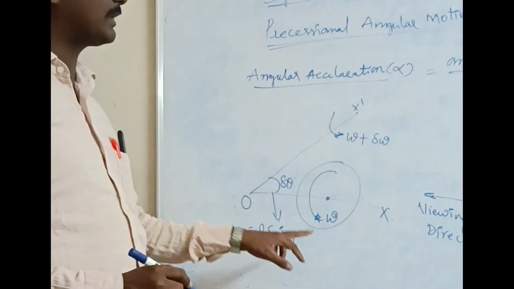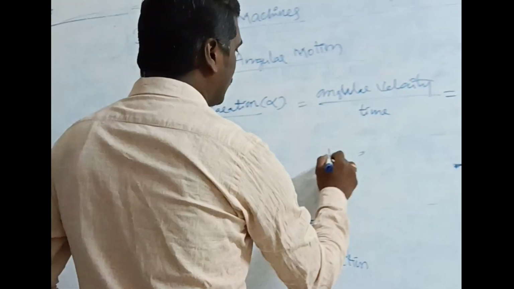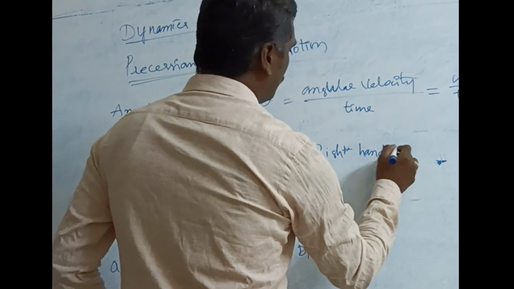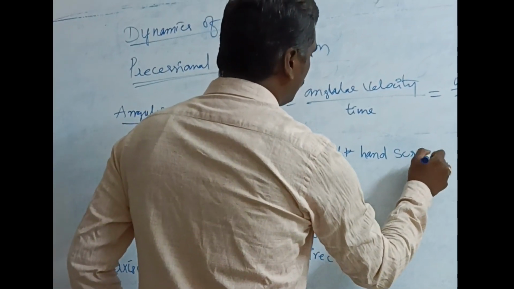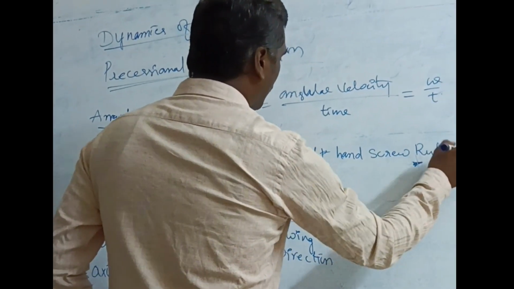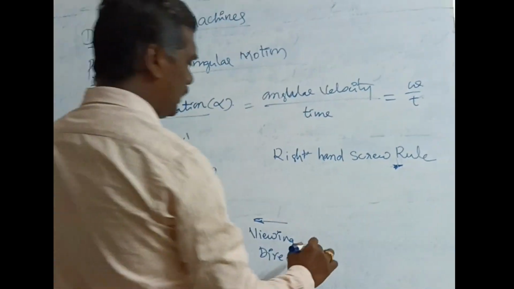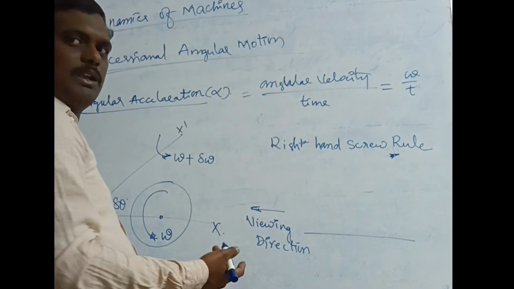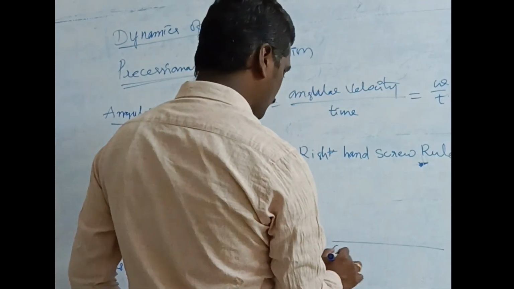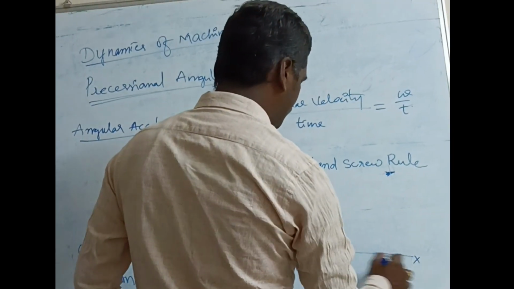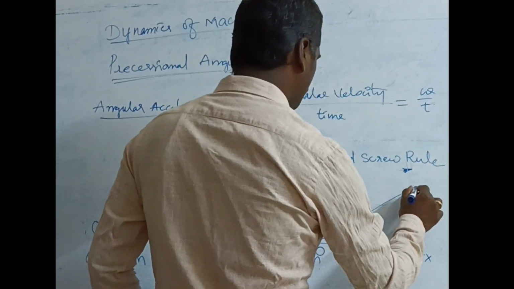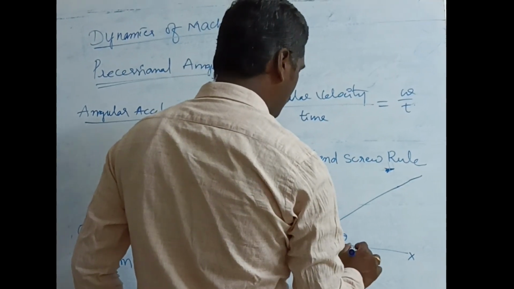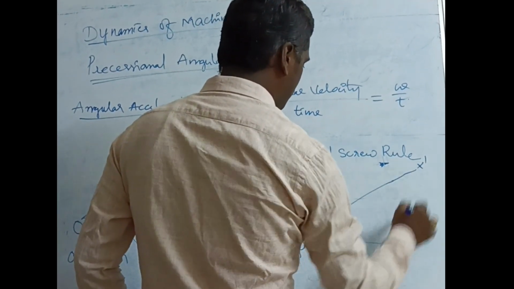This can be explained by the right hand screw rule. For that we need to draw a right angle triangle, which is perpendicular to the paper. OX moves to OX dash through the angle delta theta.